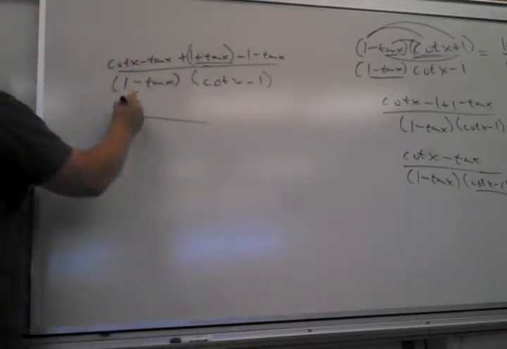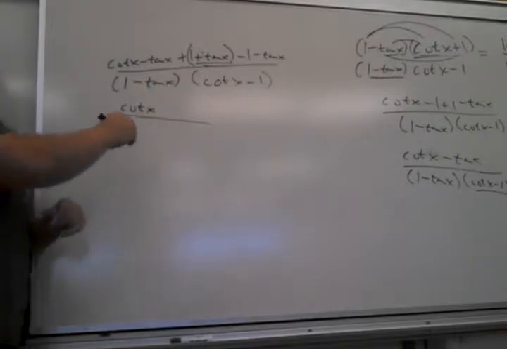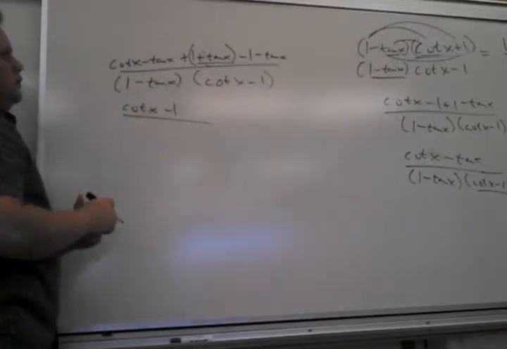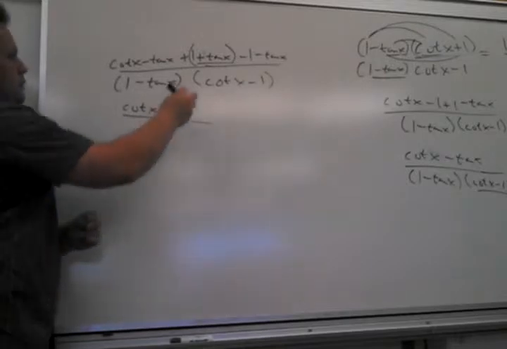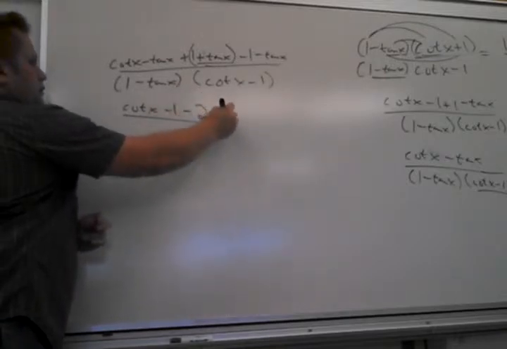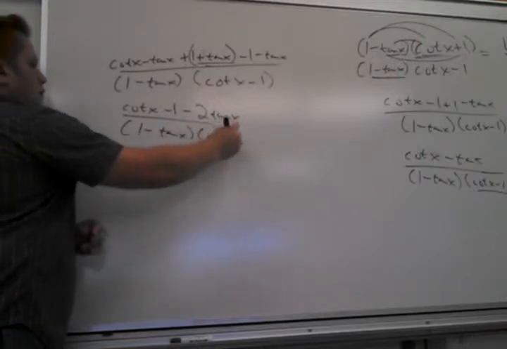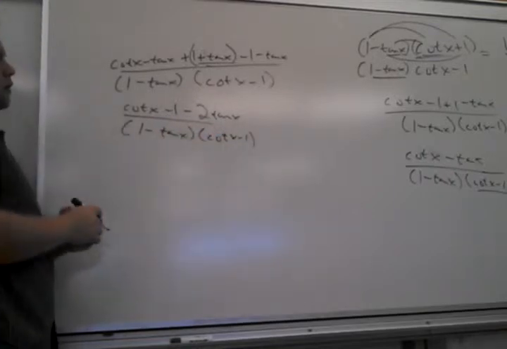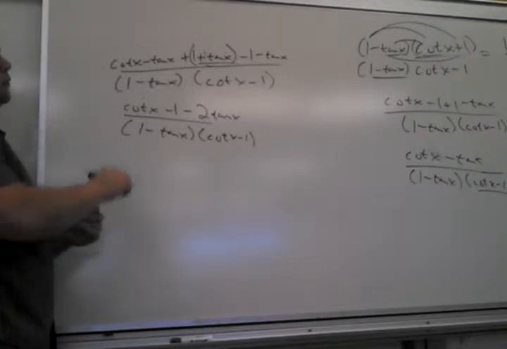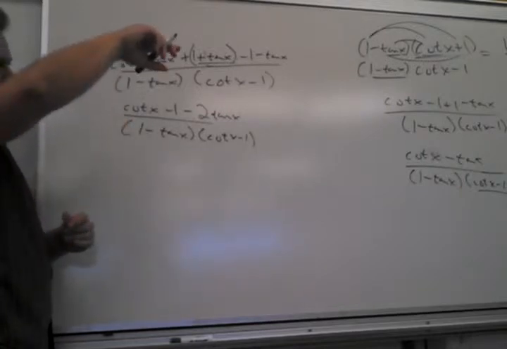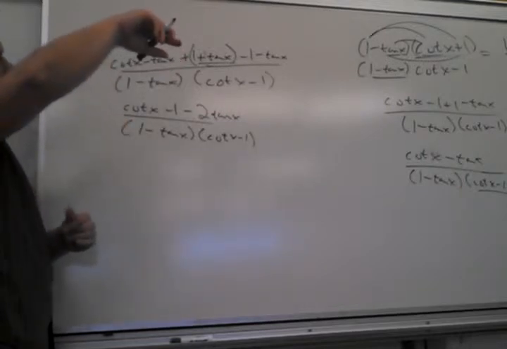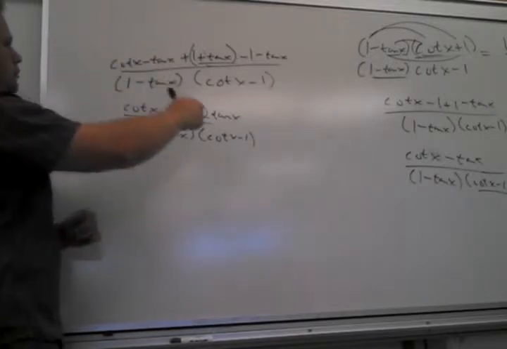I get cotangent x minus 1, minus 2 tangent x. Don't forget your 1 plus tangent. There's my 1 plus.